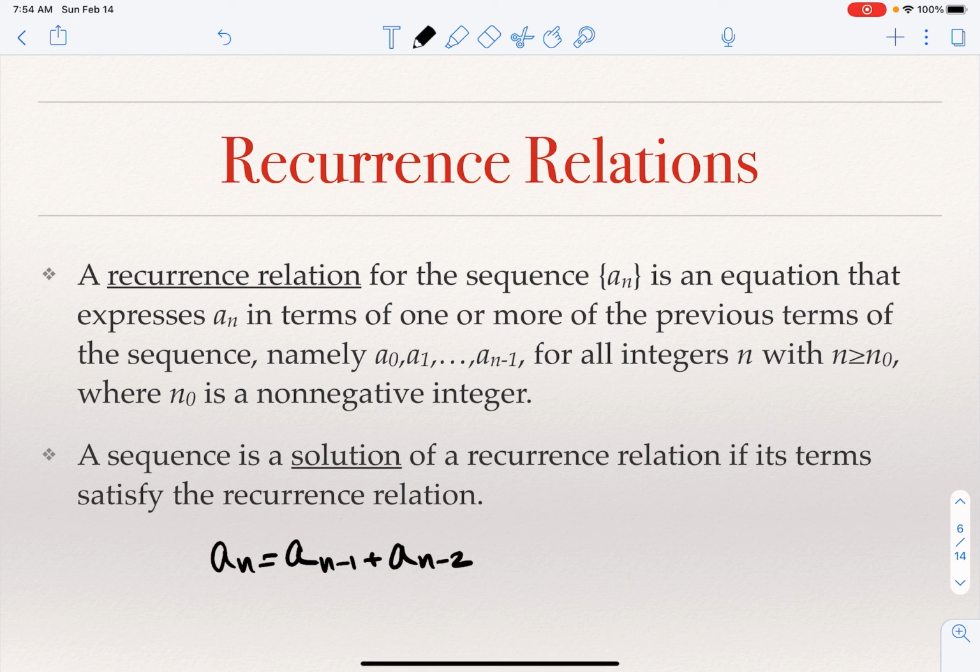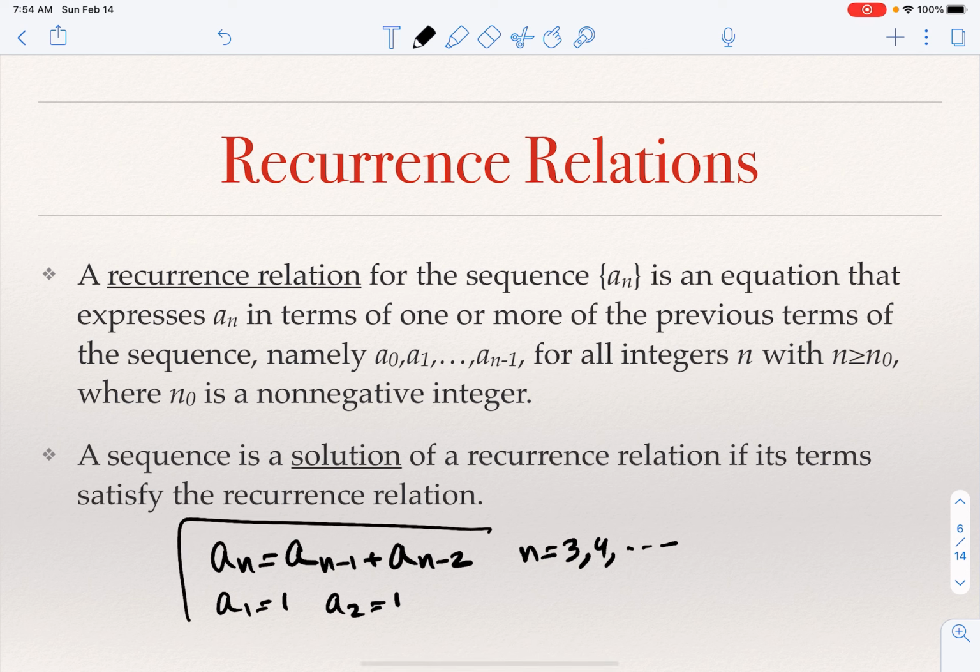This is a definition of the Fibonacci series. Of course, we have to give the initial conditions. For example, I can define a1 to be 1, a2 to be 1. Then an is defined for n equal 3, 4, and so on. This is what we call a recurrence relation, where the term an is defined in terms of terms that came before it, an minus 1 and an minus 2 in this case.